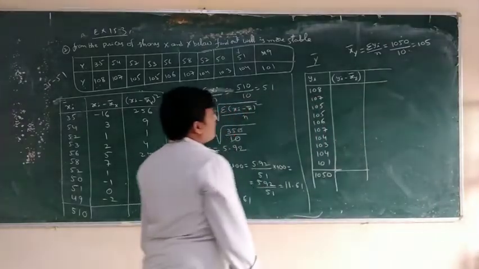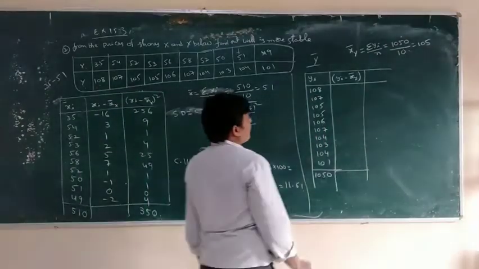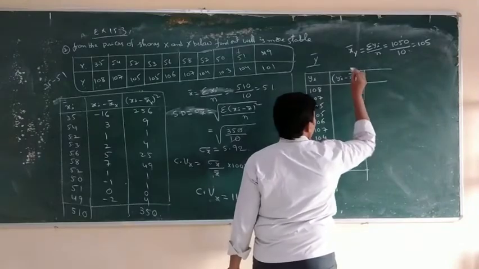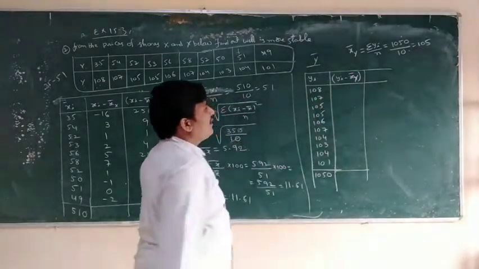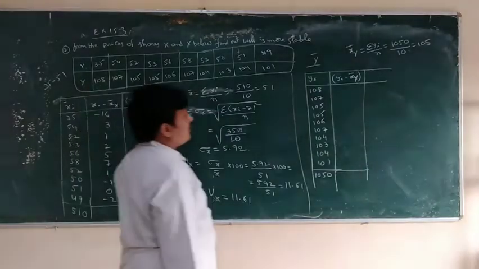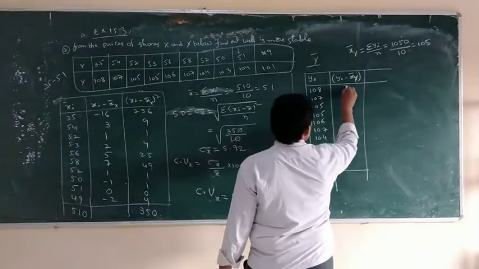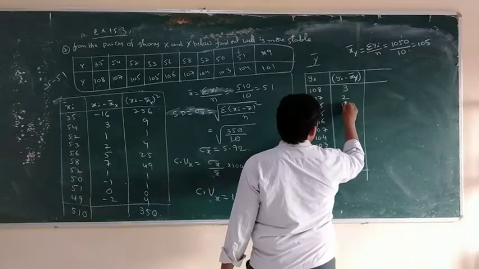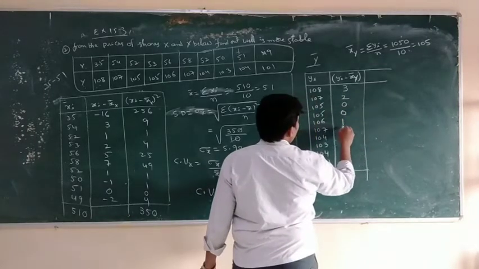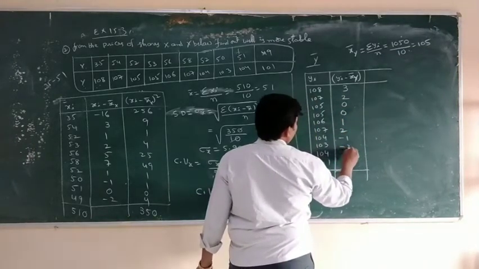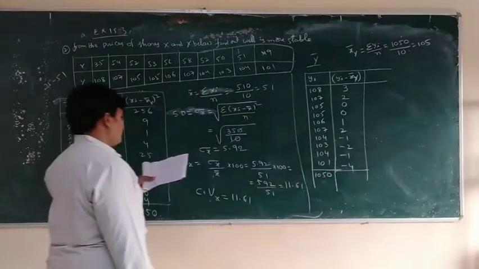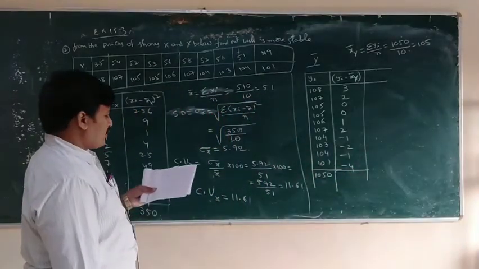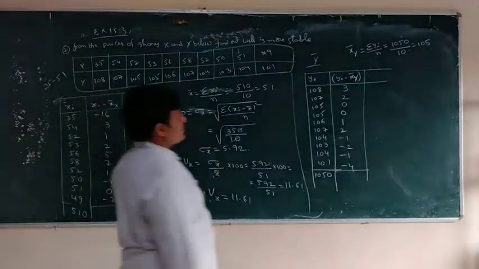So y bar is 105. Then yi minus y bar: 108 minus 105 is 3, then 2, 0, 0, 1, 2, minus 1, minus 2, minus 1, minus 4.